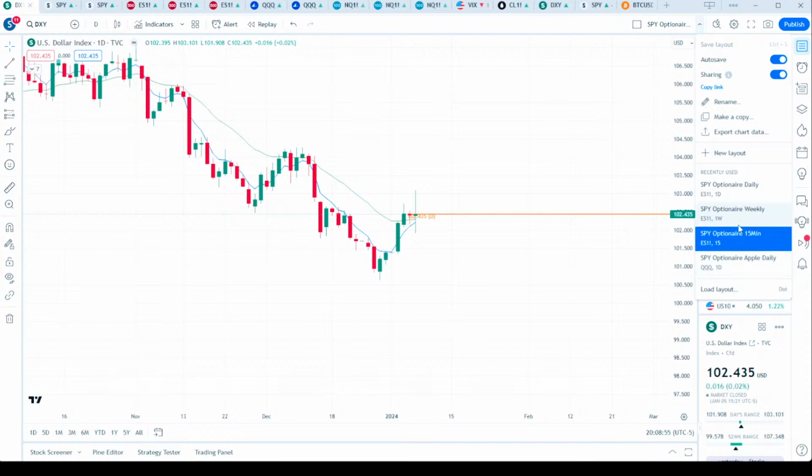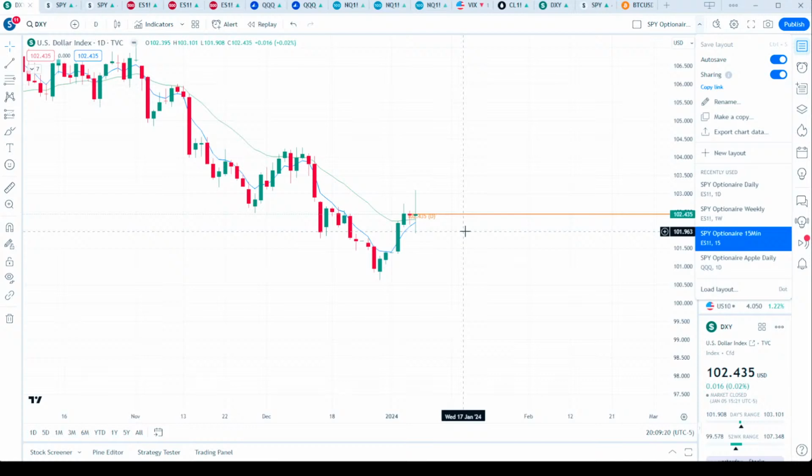But you have to build these layouts. The best way I can describe it: if you want a 5-minute chart with your 20 EMA, your 50 EMA, let's say a DMI, and, I don't know, volume profile, you have to make a new layout and then attach those indicators to that layout and that time frame.